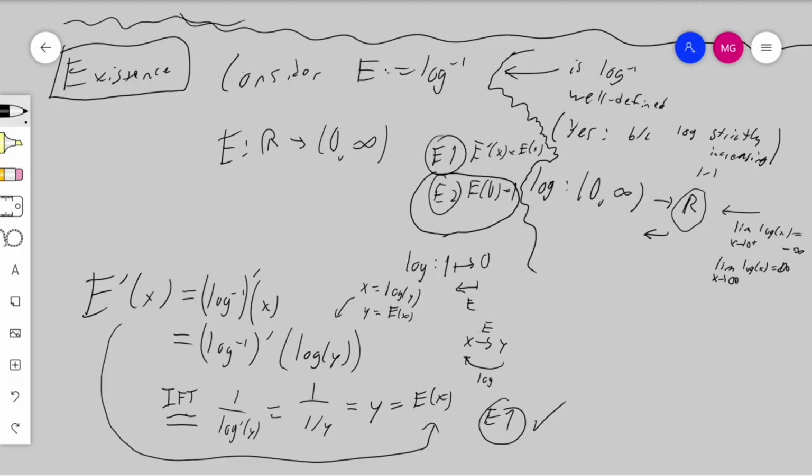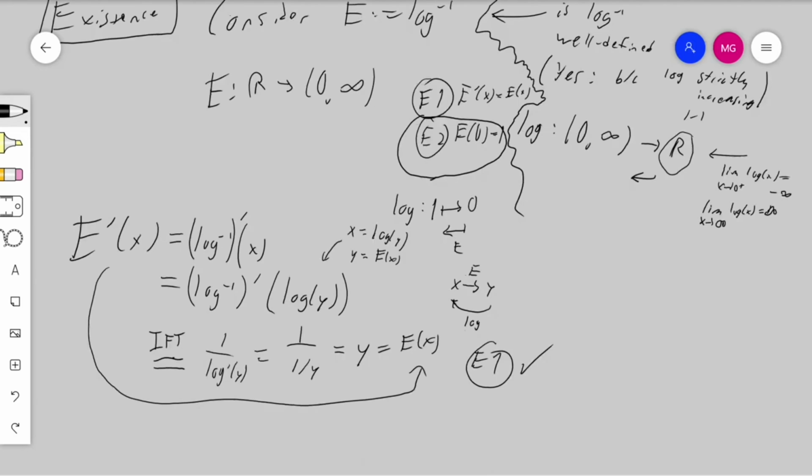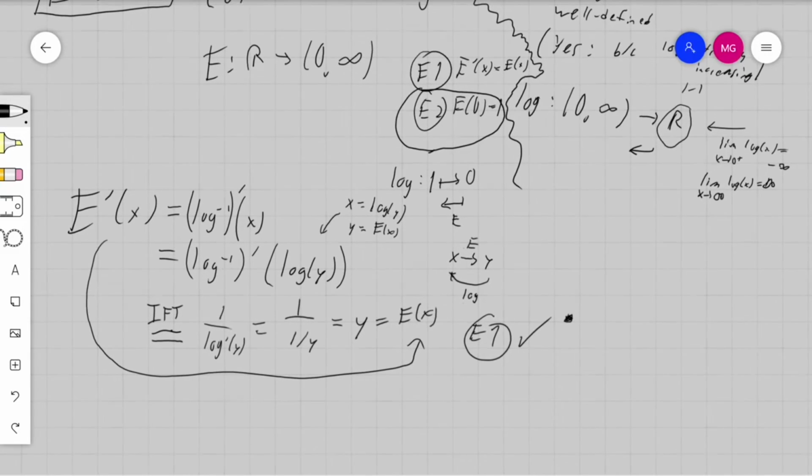So that shows that this inverse log function really does satisfy the above properties, and it's the only function that does. So this concludes the proof of the existence and uniqueness of this function that satisfies these properties, and we're going to be calling this function, the inverse log function, the exponential function, as you're already anticipating, and we're denoting it by exp here.